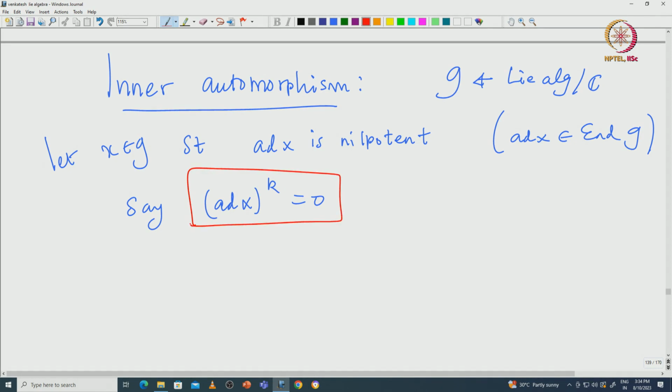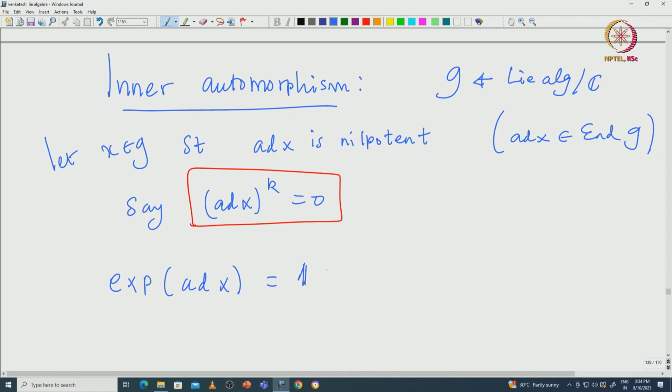Then how can one use these nilpotent operators to create automorphisms? What we can do is use the exponential method. We can simply take the exponential of ad x, which makes sense because we started with a nilpotent operator.